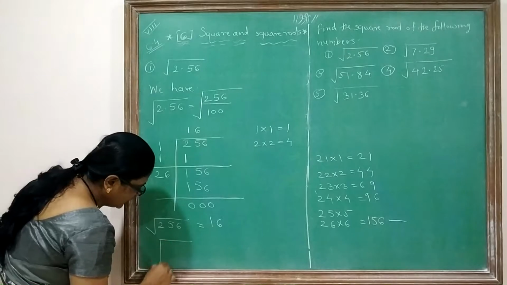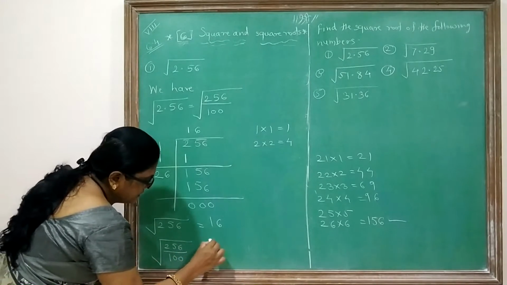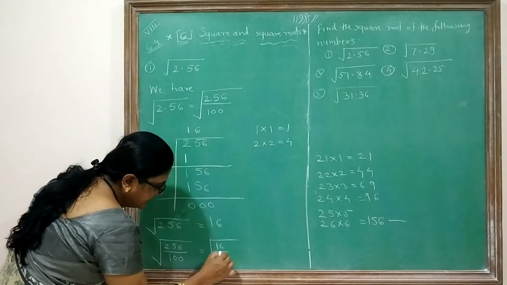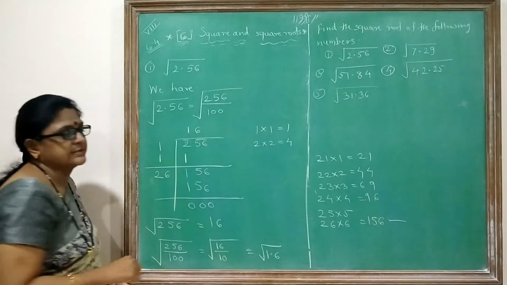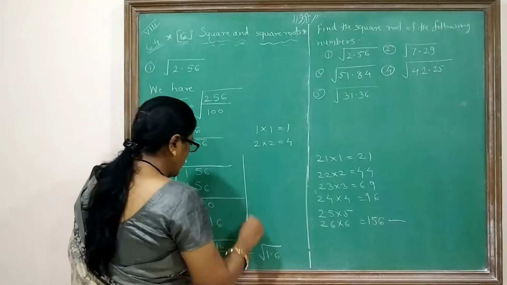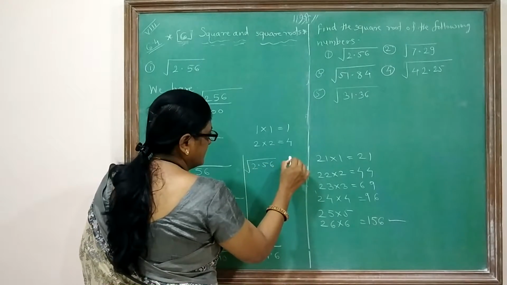Then under root of 256 divided by 100, then you will get 16 divided by 10.